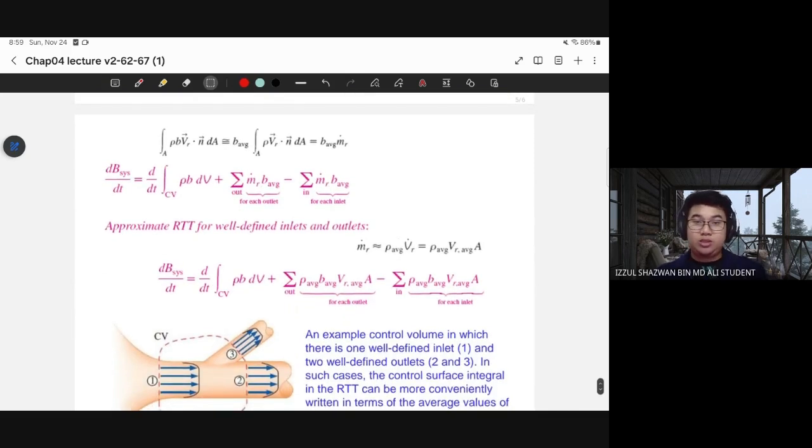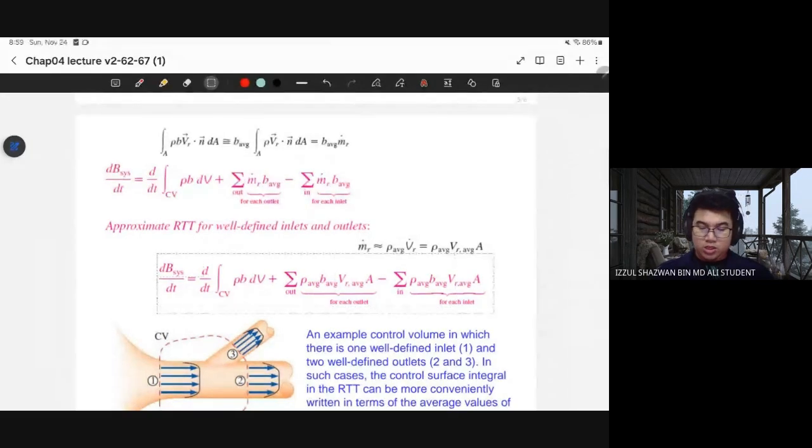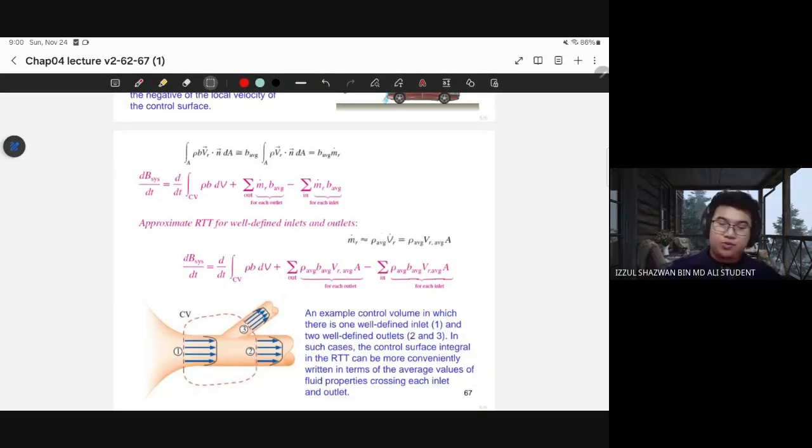Next, we will see the approximate RTT for well-defined inlet and outlet, which will equal this. Finally, we get the approximate RTT.